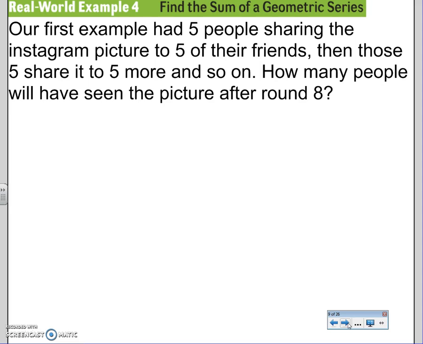So we're going to use the sum of a geometric series formula, S sub n, and let's use the one that only needs a sub 1. So S sub n equals a sub 1 minus a sub 1 times r to the n, all over 1 minus r.